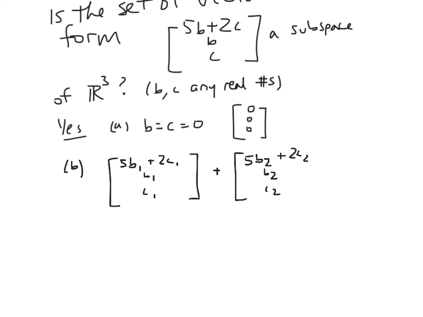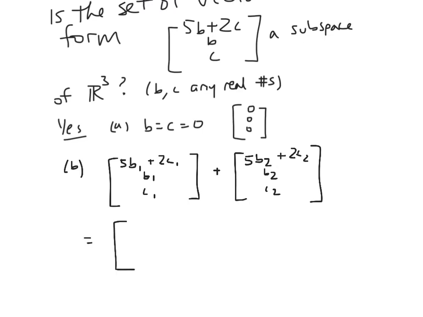So I'm going to pick the following two. In the first vector, I pick some number b1 to go in the b place, and I pick some number c1 to go in the c place. And I add these two vectors, because the second vector is obtained by putting b2 in for b and c2 in for c.